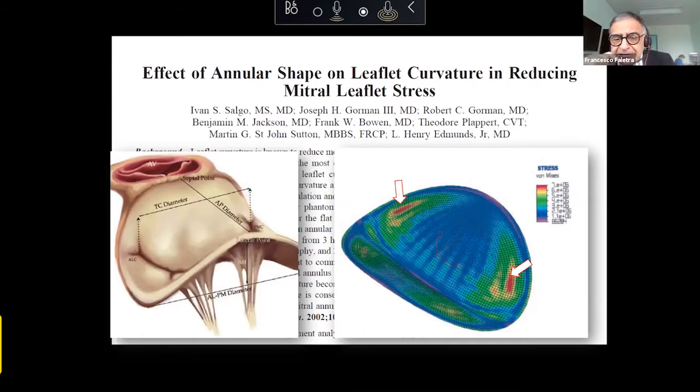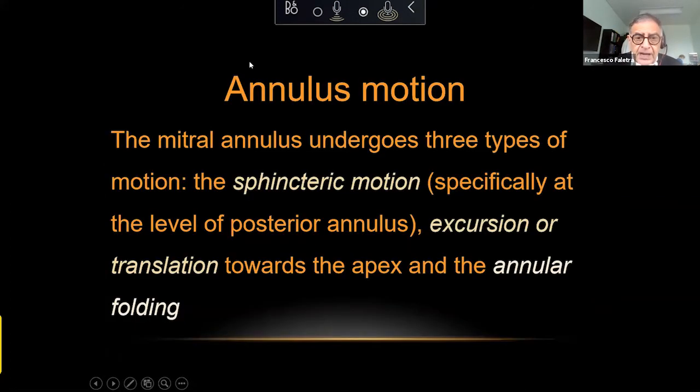You can consider that mainly the right fibrous trigone in the big mammalians is calcified. So this is a very strong structure which supports the tension of all the mitral apparatus.